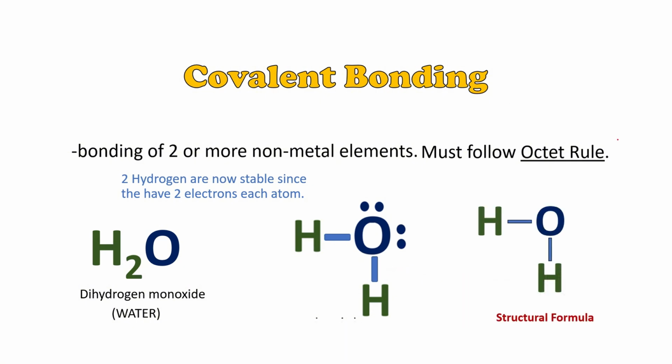This is also one of the simplest structural formulas, in which we don't include the lone pairs, but later on the lone pairs are very important, especially if we're trying to figure out their shape. Okay, so this is just a simpler structural formula if you want to make it much simpler.